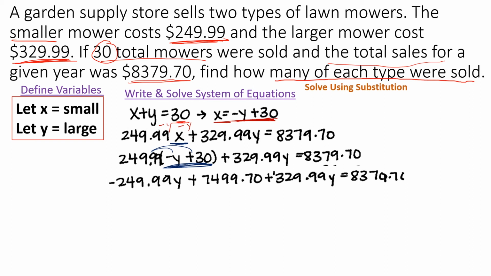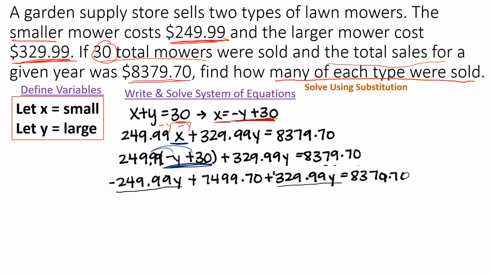So I'm left with this equation here. I'm not going to read it out, but that's what I'm left with. So you may want to pause the video if you're writing this down. Alright, and so from that, I'm combining my like terms. And so my like terms, right here, negative 249.99y and 329.99y.